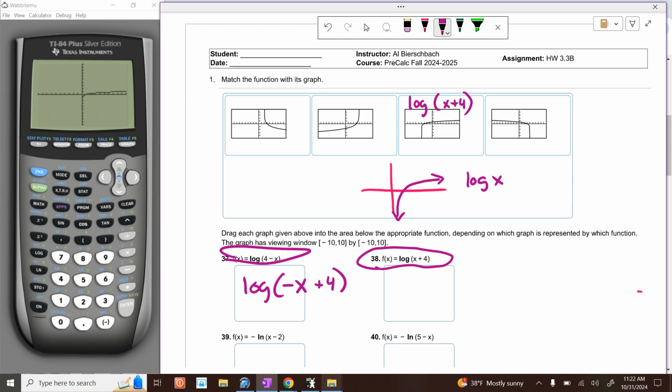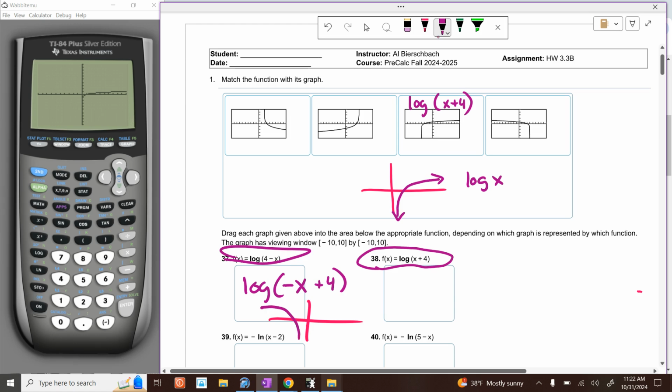Okay. So, what does a negative x do? Flips it over the y-axis. Okay. And then, so if we flip it over the y-axis, it would then look like that.